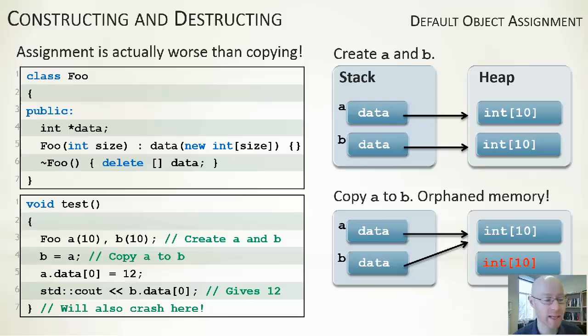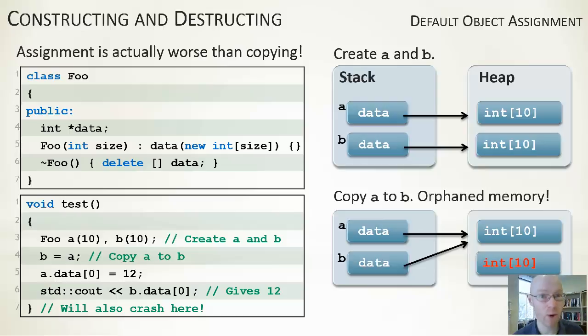So whenever we create in line 3, our stack and our heap will look as is shown there on top of the slide. So two separate instances on the stack with separate pointers at this point in time, pointing to two separate regions of allocated memory on the heap. In line 4, whenever we run the default copy assignment, we will end up then with both pointers pointing to the same chunk of memory.